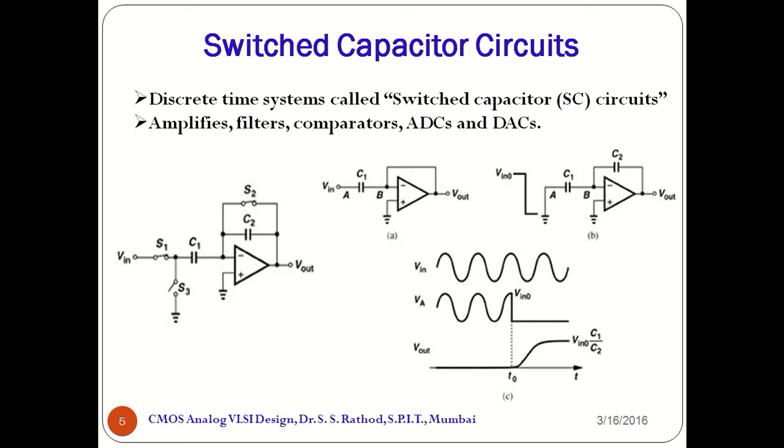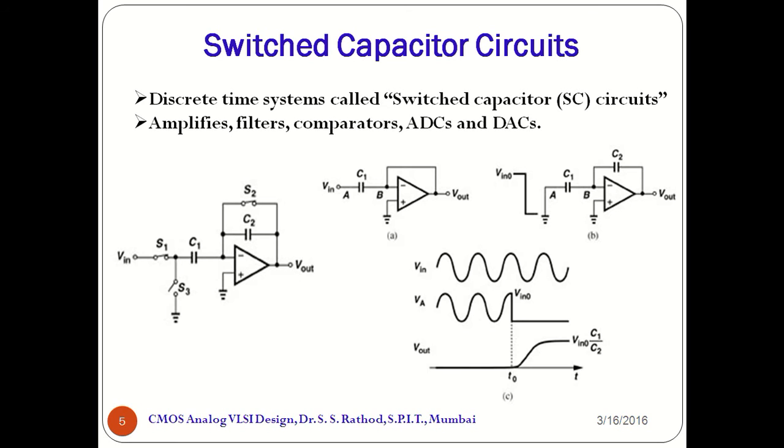So let us consider this network in which we have an operational amplifier along with capacitors C1, C2, and there are some switches to control the operation. S1 and S3 connect the left plate of the capacitor C1 to Vin and ground respectively, and S2 provides unity gain feedback.